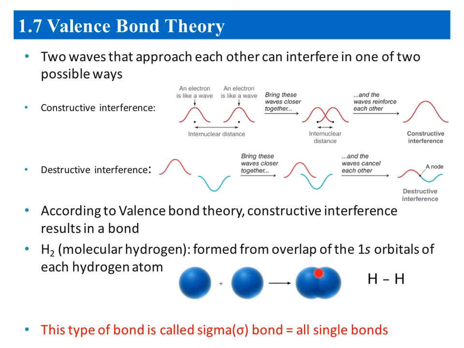This shows the constructive overlapping of orbitals. The single bond that is formed between these 2 hydrogens, in chemistry we call a sigma bond.